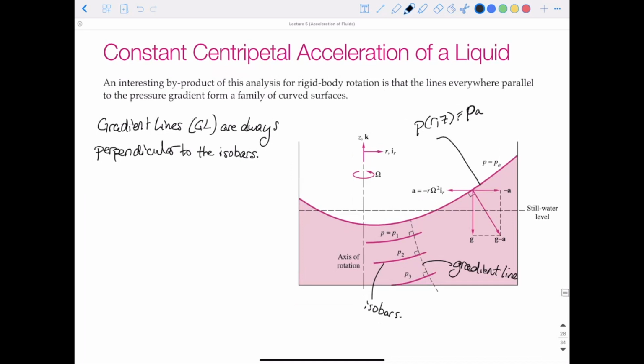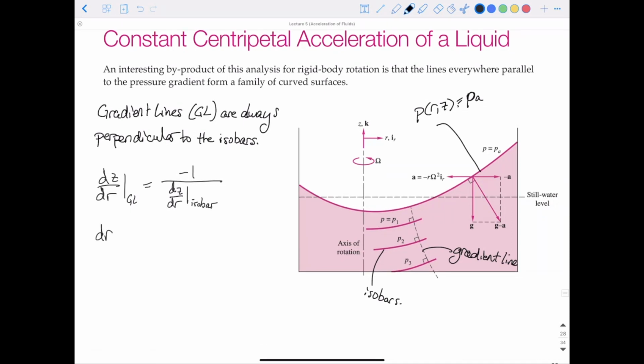So if this is true, then the slope of our gradient line, which is just dz/dr evaluated along a constant gradient line, is the negative reciprocal of the slope of our isobars. So that's -1 over the slope of our isobars, dz/dr of our isobar.